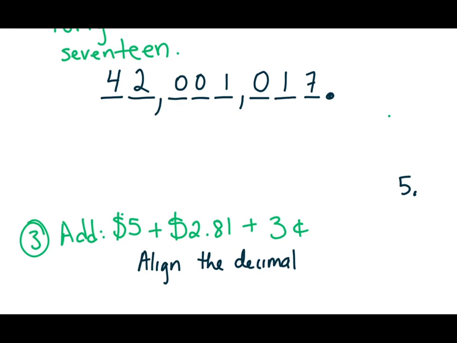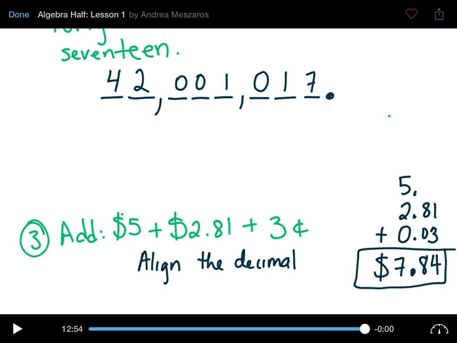Then we have 281, so I put 281. Notice how the decimals are aligned. And then we have 3 cents. Now 3 cents, we have to put the 0. And again, we have to be careful because if I put it here, that's not cents. The cents is actually here, 3 cents. And then we add. So it's $7.84.